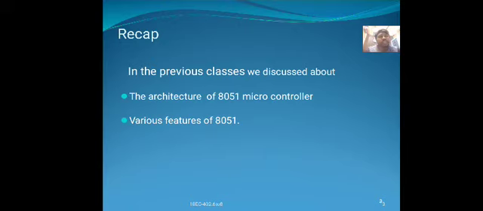We know that the registers are classified into 3 types: the general purpose registers, the special purpose registers related to the microcontroller, and the special function registers. We also discussed the register organization of the 8051 microcontroller.